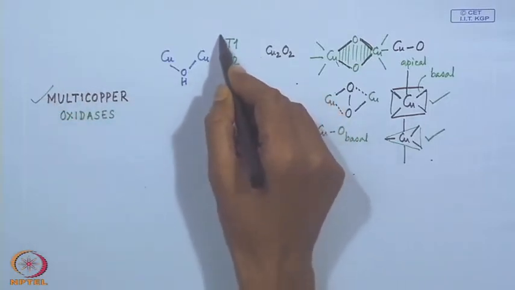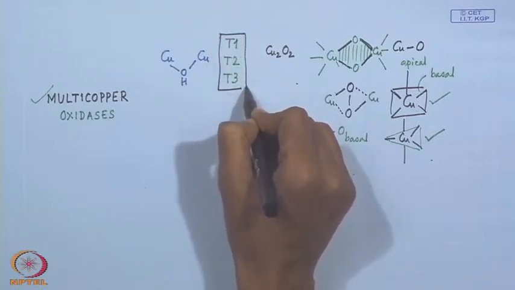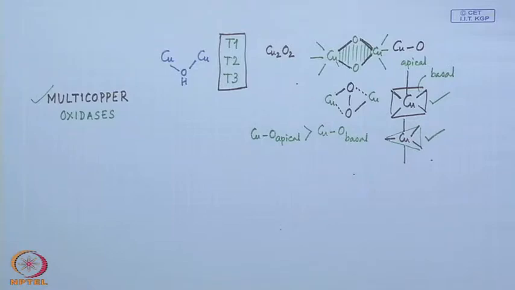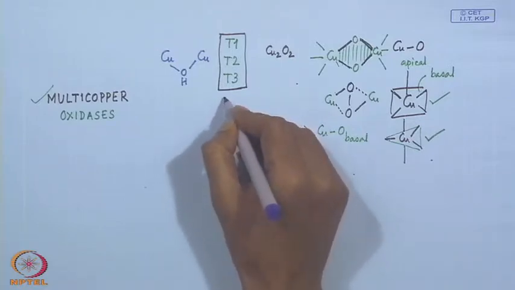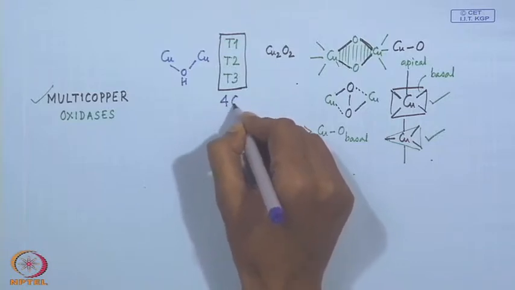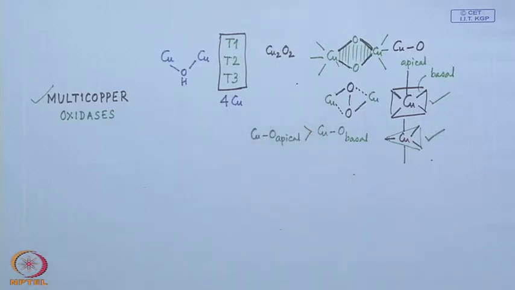Sometimes you have a system where all 3 are present together: the type 1 copper, type 2 copper and type 3 copper. That means you have a system with 4 copper centers, which will be a tetranuclear one.